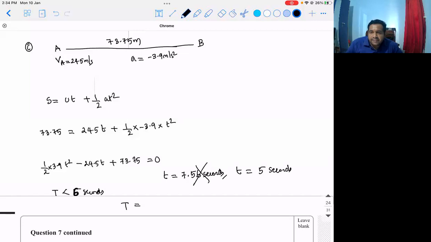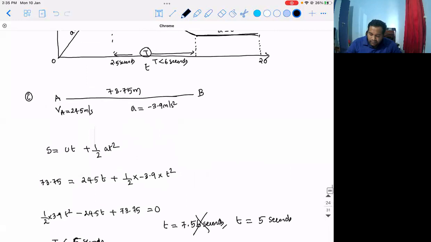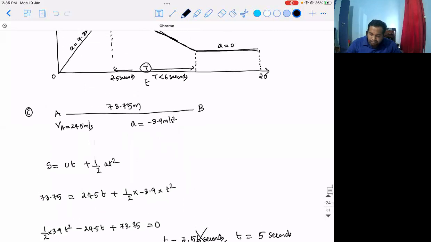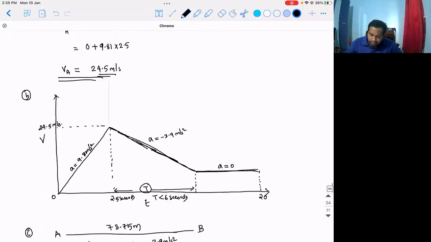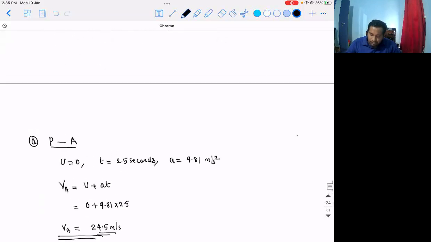Which value can we neglect? 7.56. So the T value is equal to 5 seconds. That is the answer for this part. Am I correct? Right?